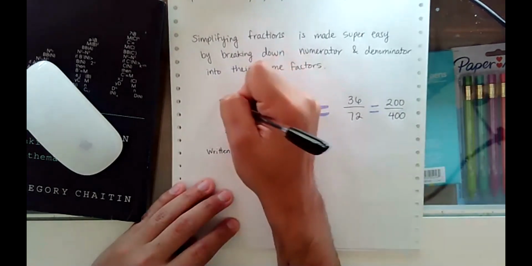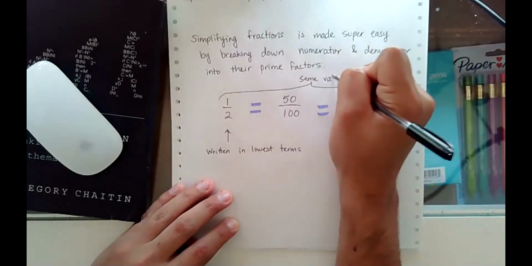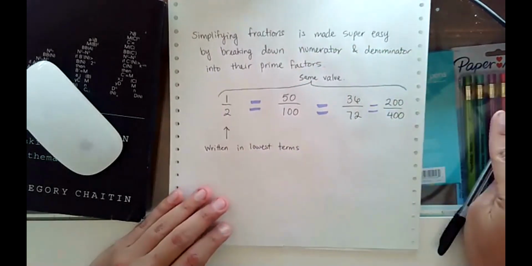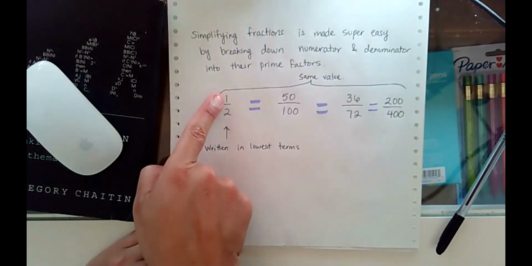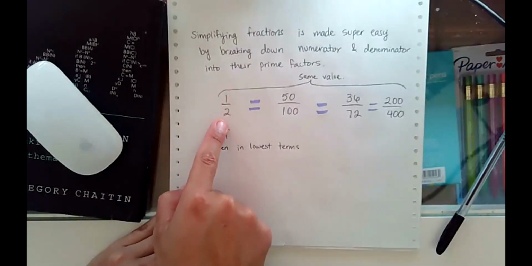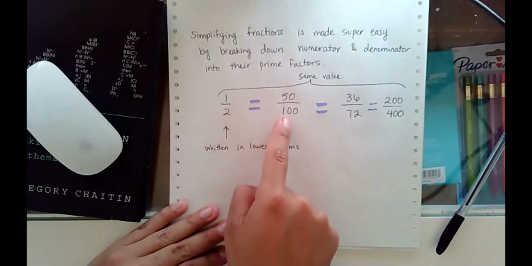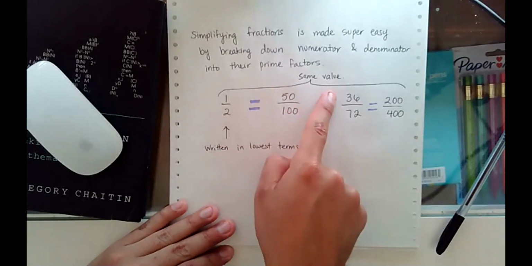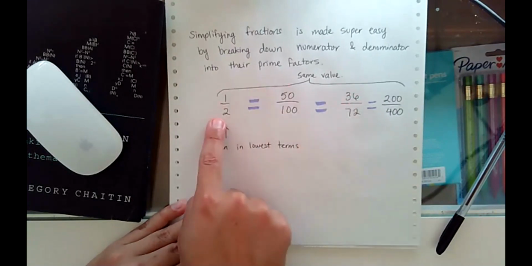All of them have the same value. Again, going back to thinking about fractions as a part over a whole. 1 part of 2 is half of that whole. 50 out of 100 is half of that total amount. 36 over 72, or 36 out of 72 is half of that total amount.